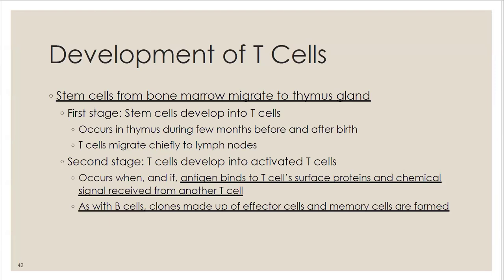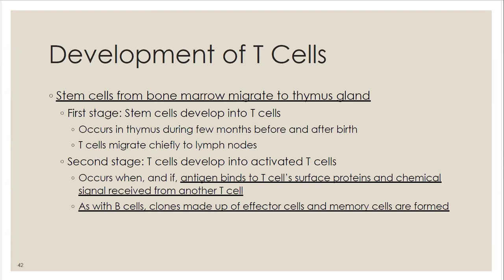In the second stage, it's the activation of T cells. This is when the T cells become activated, when their surface proteins bind to a specific antigen. This activation is supported by chemical signals received from helper T cells. When activated, the T cells undergo clonal expansion, meaning they produce 2 types of cells.